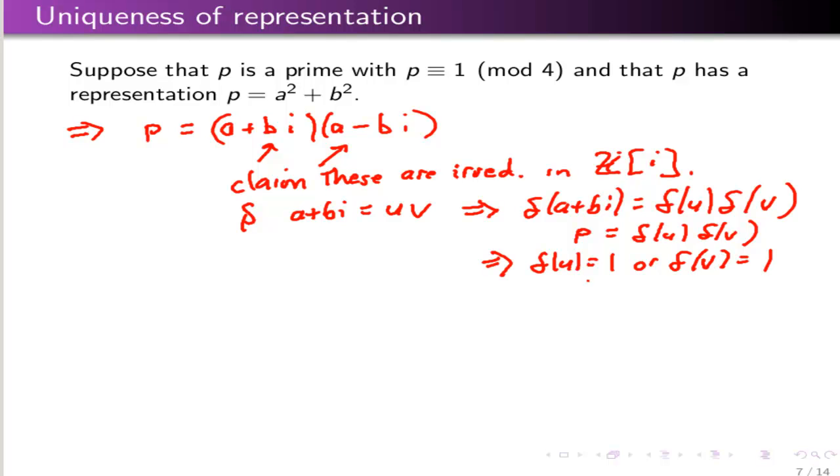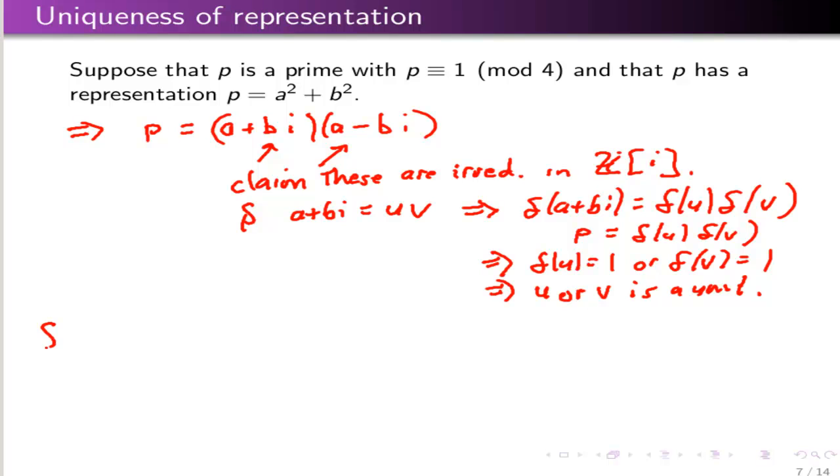And when the delta value equals plus 1, that means u or v is a unit. Okay, so the only way to factor a plus bi is to have one of these two terms be a unit. So since these are irreducibles, this is the factorization of p in the Gaussian integers.